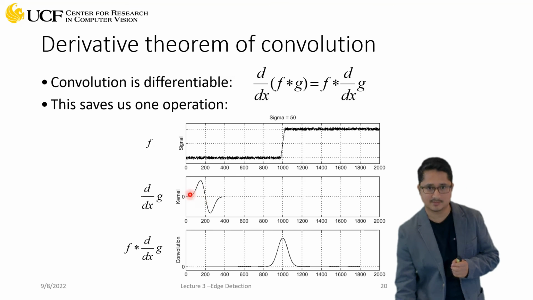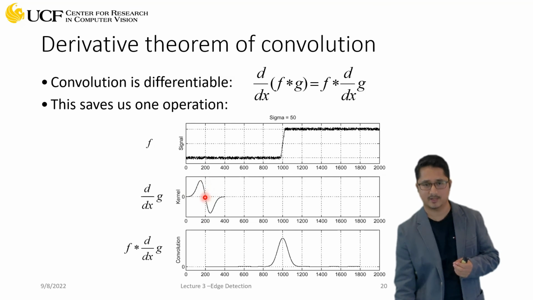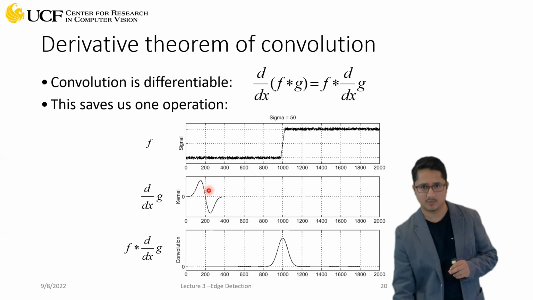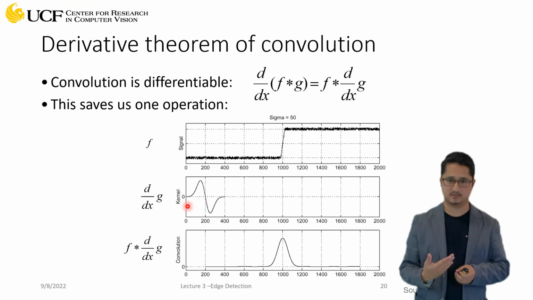Now, if you look at this signal, it is saying that your signal is going from positive to negative. This is called zero crossing, when your signal actually crosses zero. When we talk about Canny edge detection, it will be more clear, but let me give you the quick intuition. Whenever you have a zero crossing in your input signal, this kernel will try to detect that.